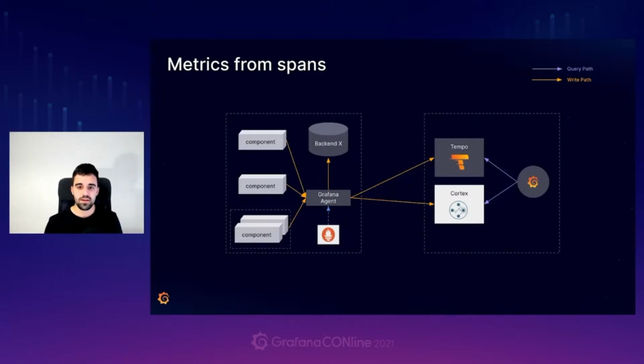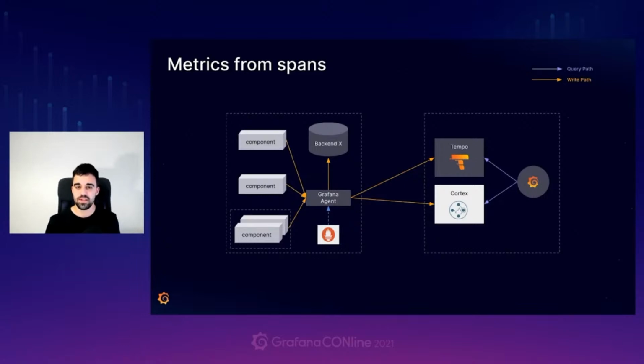So span metrics aggregates request, error, and duration metrics from span data. These metrics are exported in Prometheus format, and there are actually two options available for exporting these metrics. One is using remote write to a Prometheus compatible backend, and another one is serving the metrics locally and scraping them.